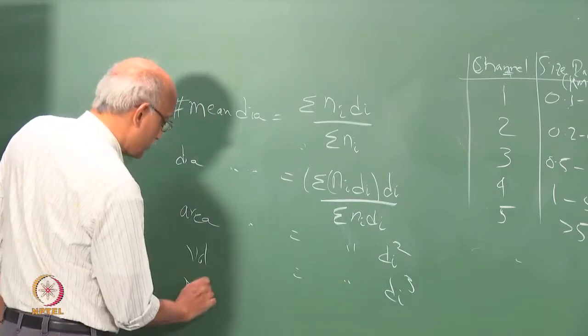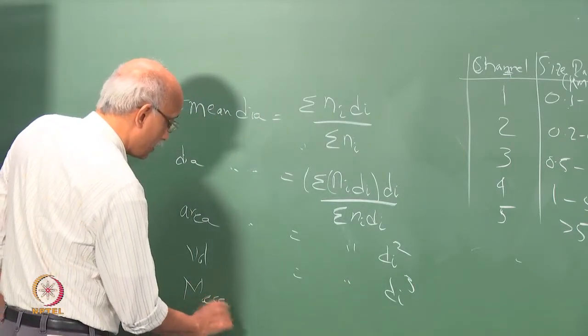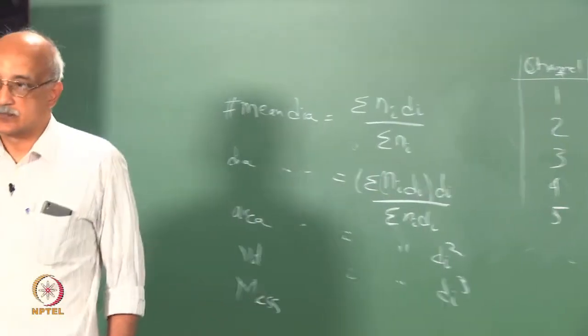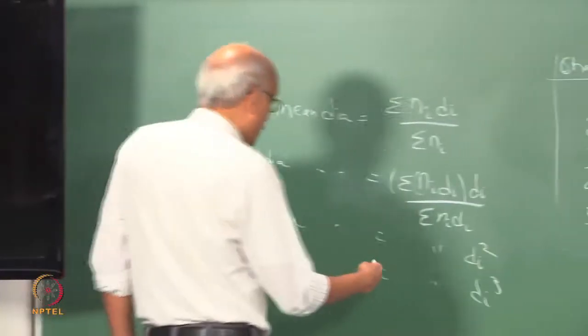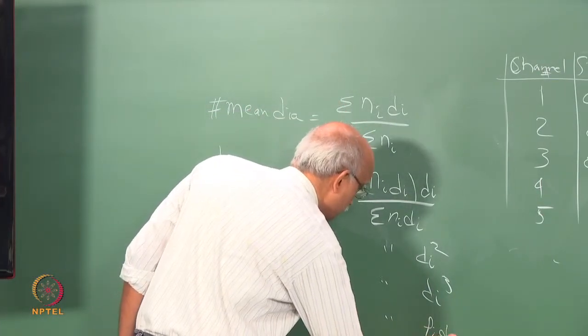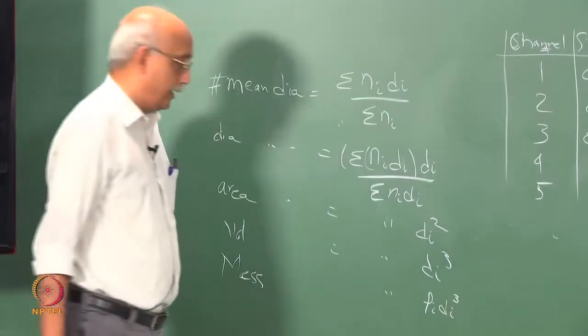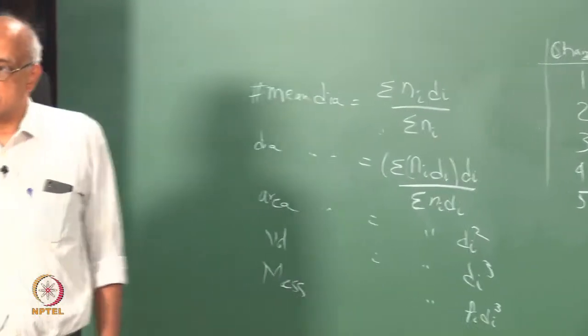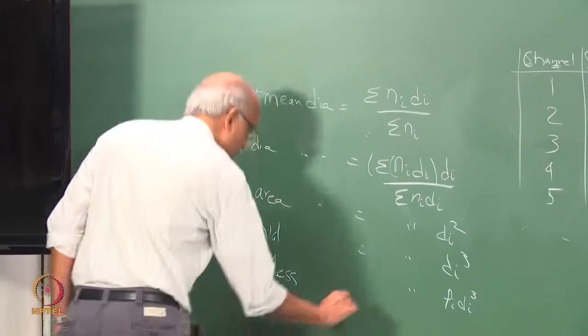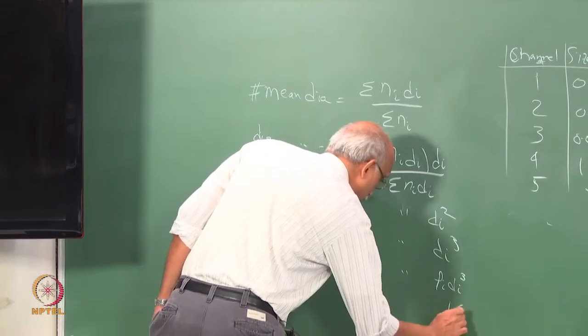You can talk about a mass mean diameter. If particles in different size ranges happen to have different densities, you also have to include that, so it will be this times rho_i d_i cubed. And you can talk about a scattering mean diameter, which will be d_i to the power 6, and so on.